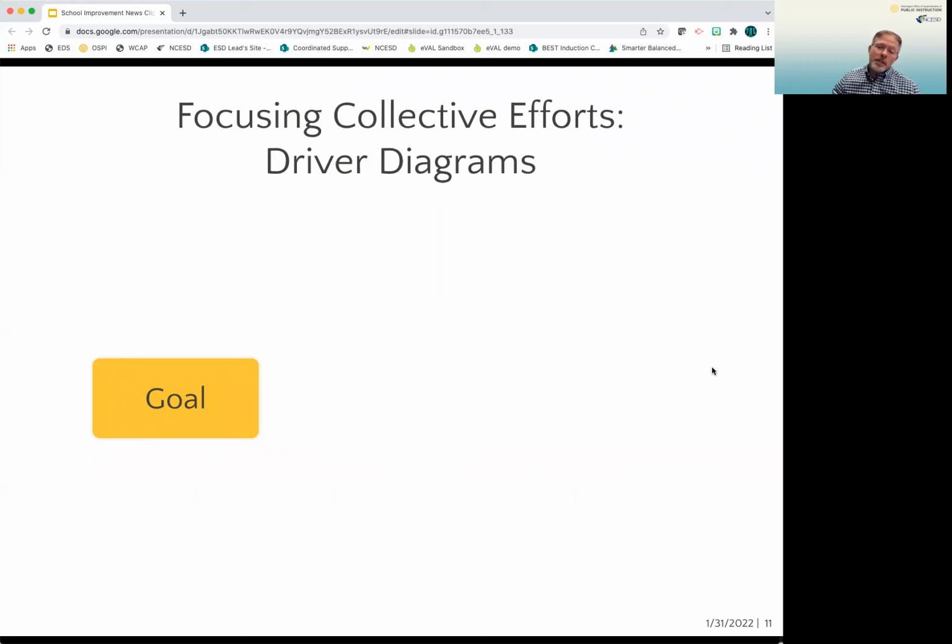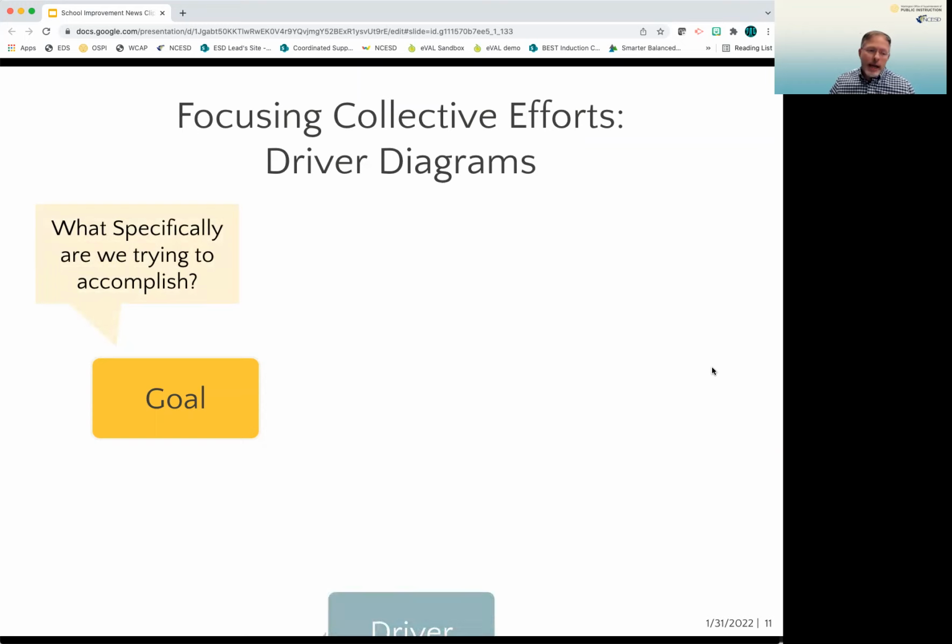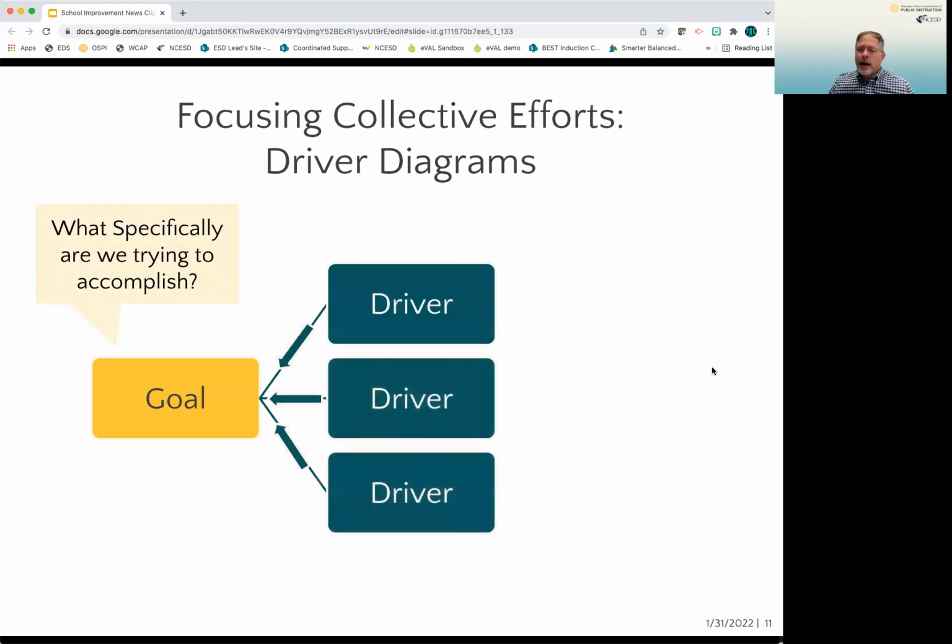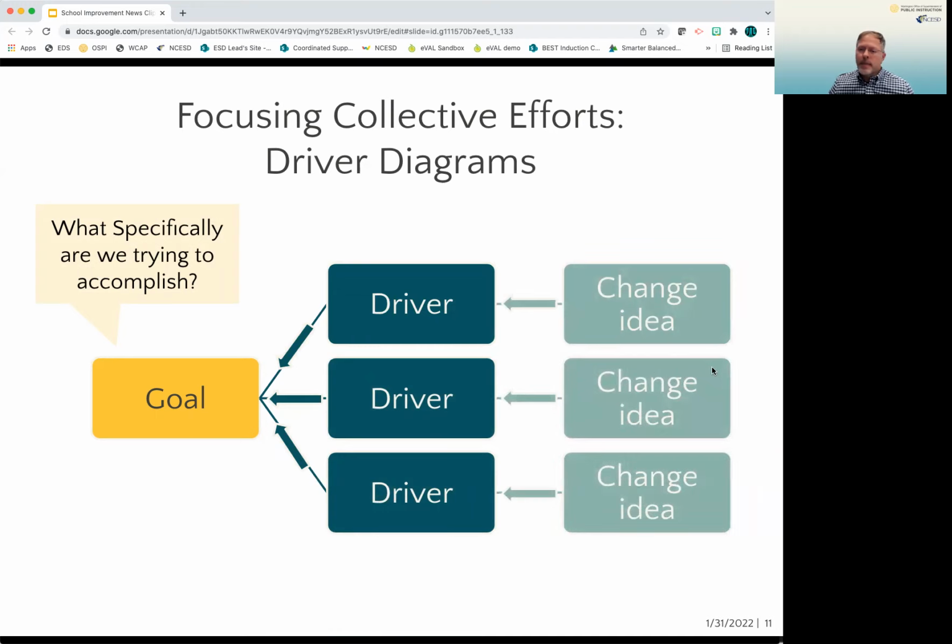In focusing your collective efforts, a driver diagram is a tool that can be very helpful. It helps by allowing your teams to visually identify important connections between what it is you're specifically trying to accomplish and change ideas that move you towards your goal. A driver diagram can help you identify influences on your goal for which you will want to develop change ideas to address.